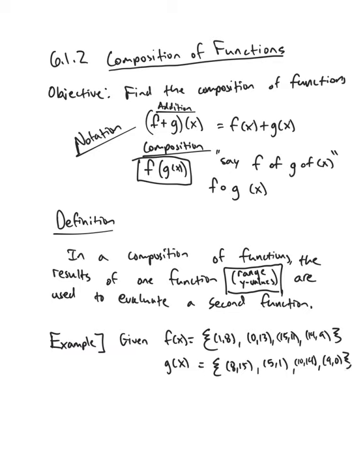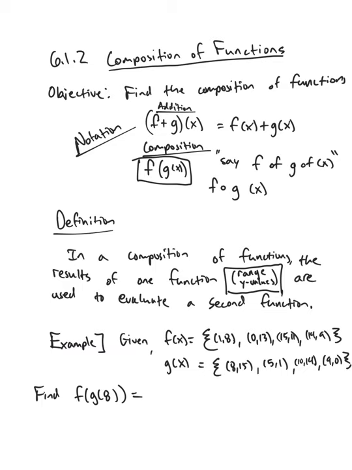Okay, so given these two functions, let's do a composition. Let's find f of g of, I'm going to pick a specific value, f of g of 8. Okay, we're going to evaluate this composition.